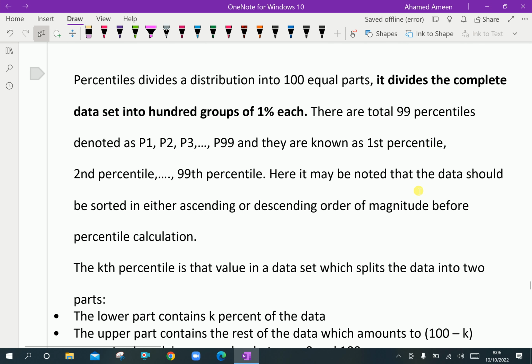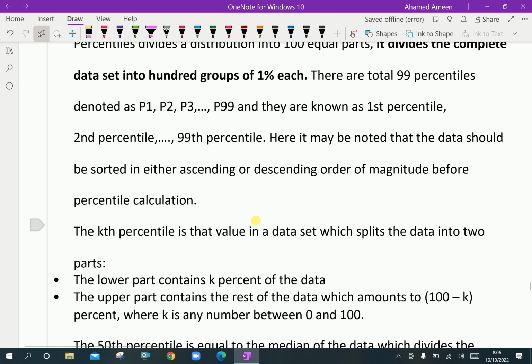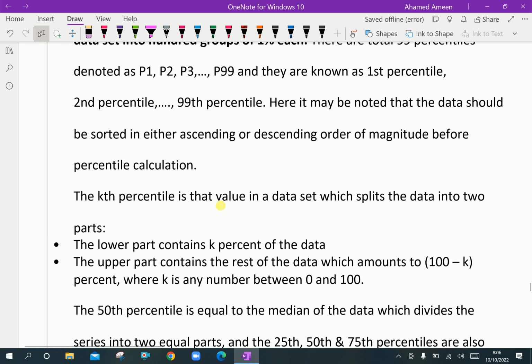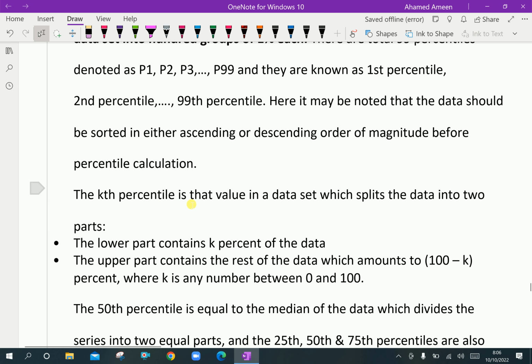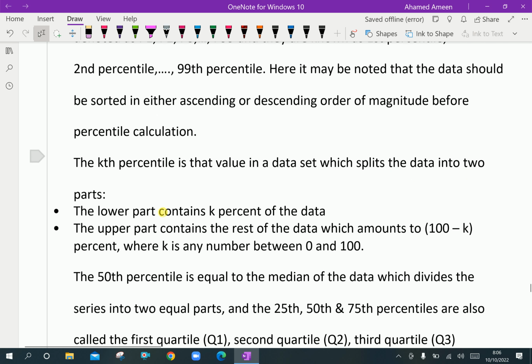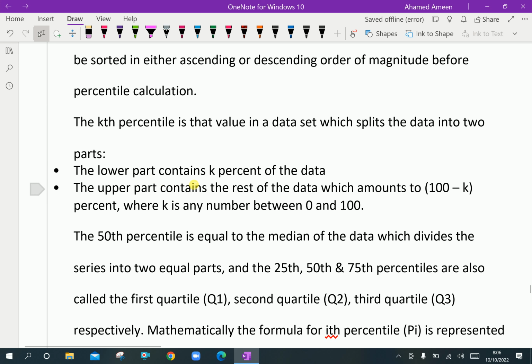Here it may be noted that the data should be sorted in either ascending or descending order. So far you have done it with magnitude from lower to higher. The kth percentile is the value in a data set which splits the data into two parts. The lower part contains k percent of the data.